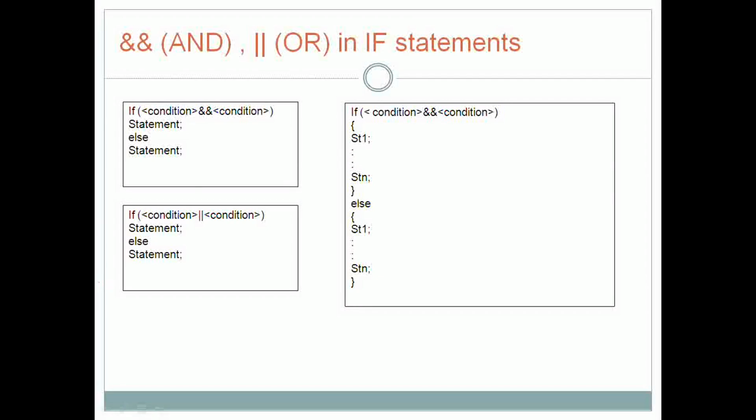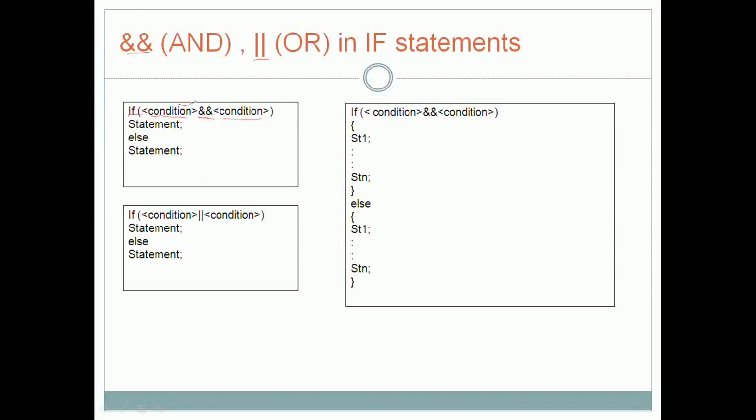The condition can be either one boolean expression or more than one. If you want to combine more than one condition, we use two operators. One is the AND operator and the second one is the OR operator. So if followed by condition 1 and condition 2, we are combining two conditions.